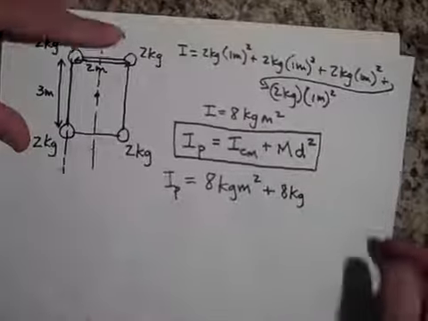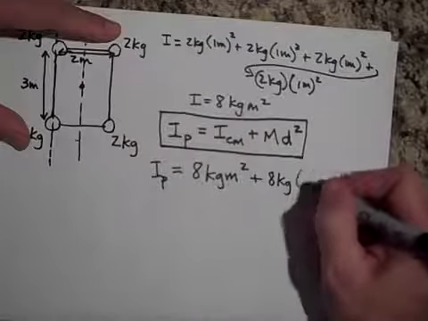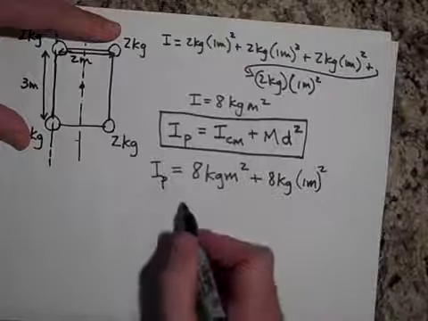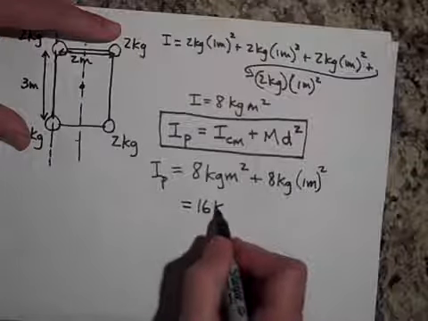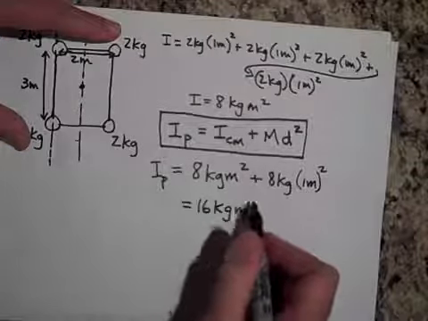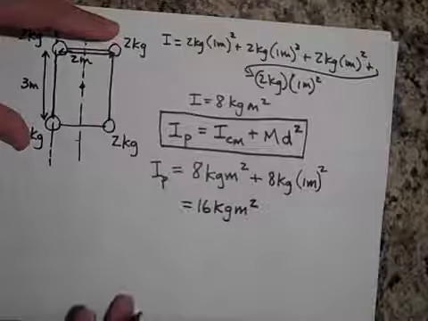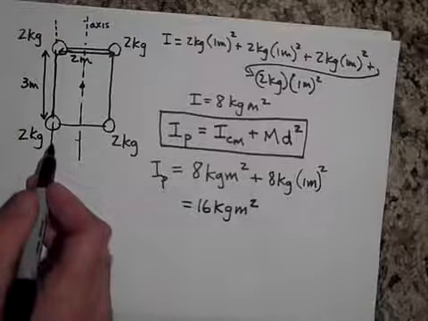So that would be 1 meter. They're 1 meter apart, squared. And so that gives me 16 kilograms meters squared. So that's the I about this axis.